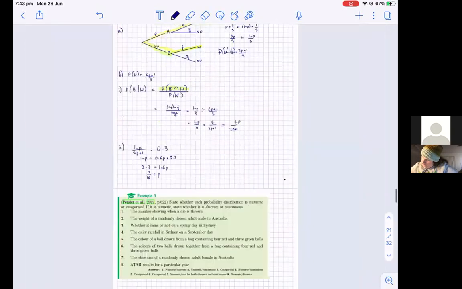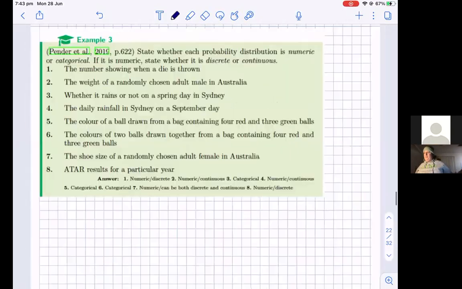Okay. We're up to the second part of this unit. Number showing, that's numeric discrete, because you can't have a 1.7 showing. The weight of a randomly chosen male, definitely numeric, definitely continuous.